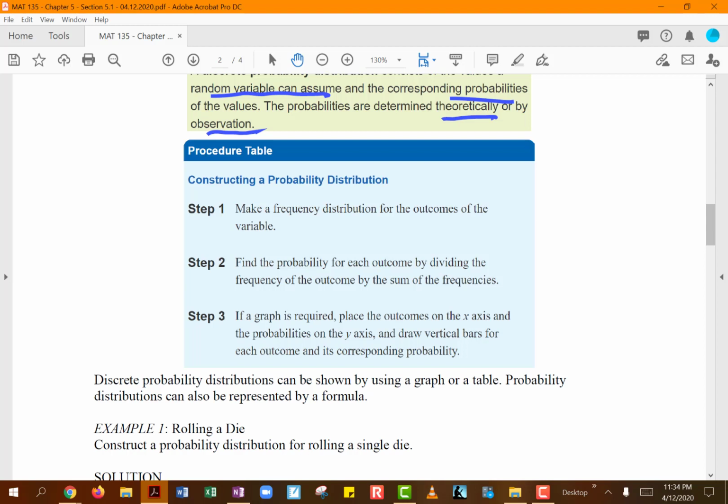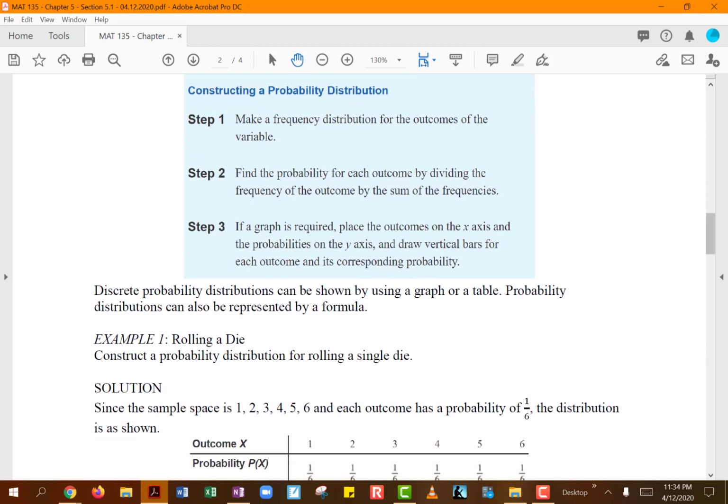Of course, the first thing is making your frequency distribution for the outcomes for your variable, then finding the probability of each outcome, and this is of course by dividing your frequency for that outcome by the total of your frequencies, right? And they're saying again, step 3, if a graph is required, you will put your outcomes on the x-axis, probabilities on the y-axis, and draw vertical bars for basically each outcome, right?